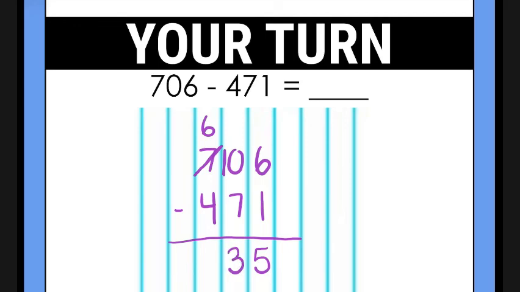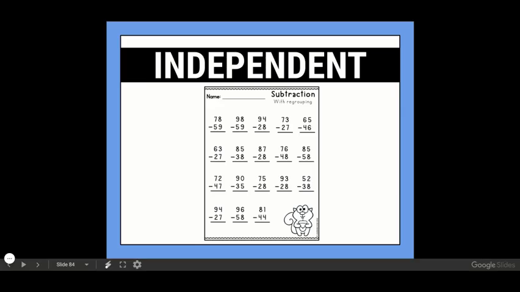That's one of our friends of 10. Finally, let's subtract our hundreds. I have 6 minus 4, which equals 2. So our answer is 235.